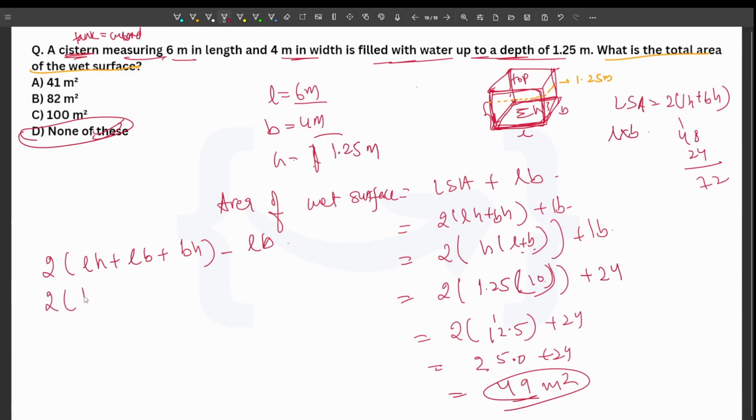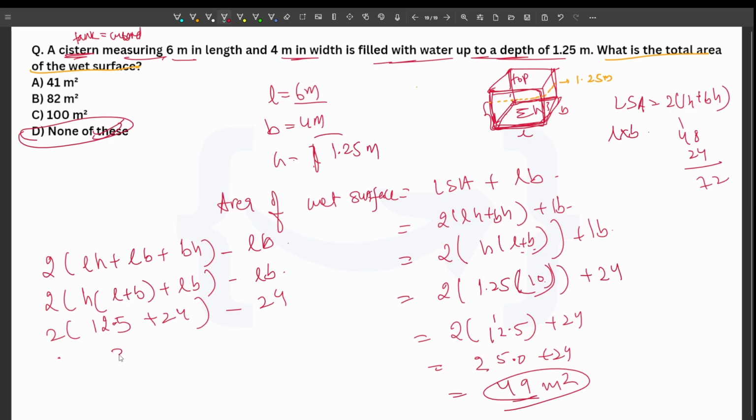So 2 into, if you take out the H common, it will become L plus B, plus LB minus LB, isn't it? So 2 into 1.25 into 10 plus 24 minus 24.